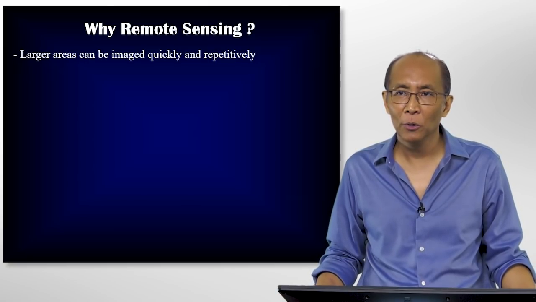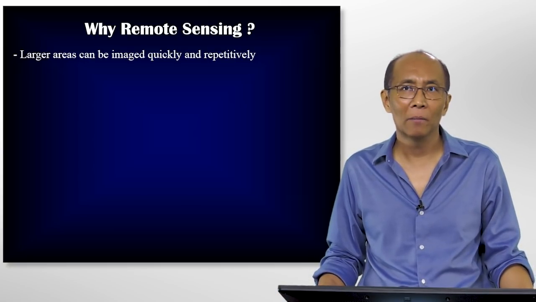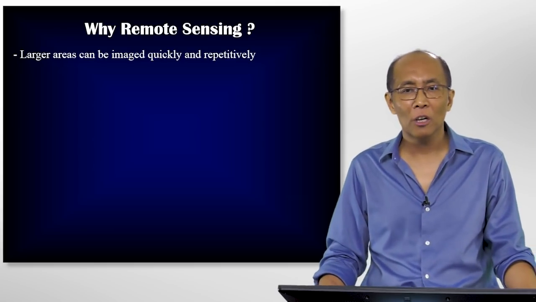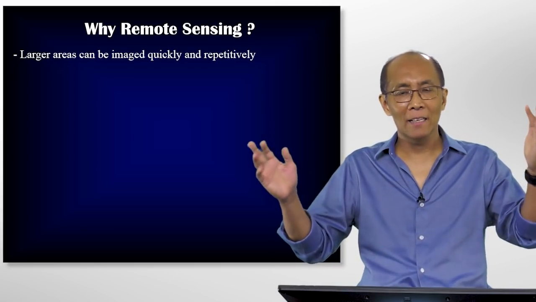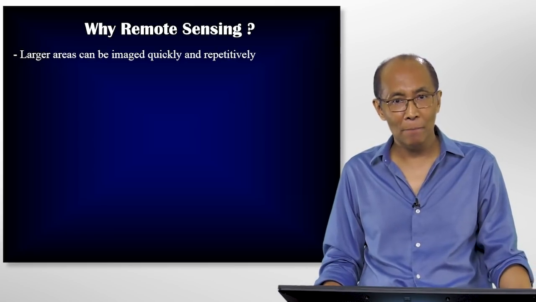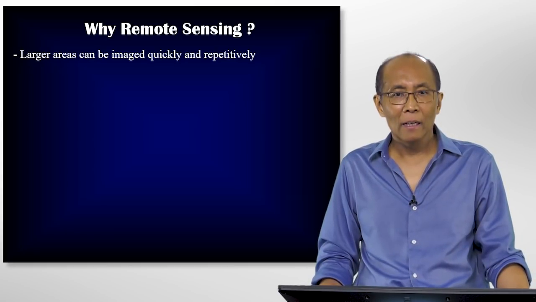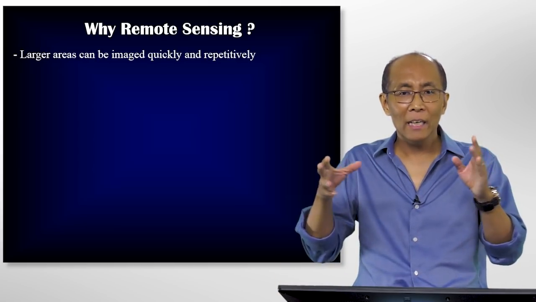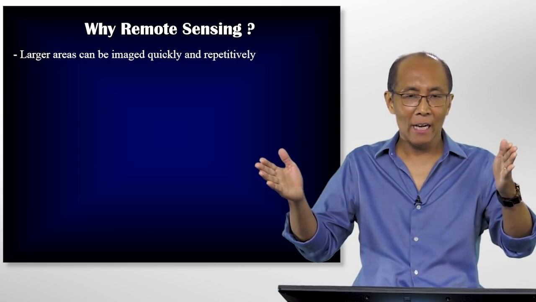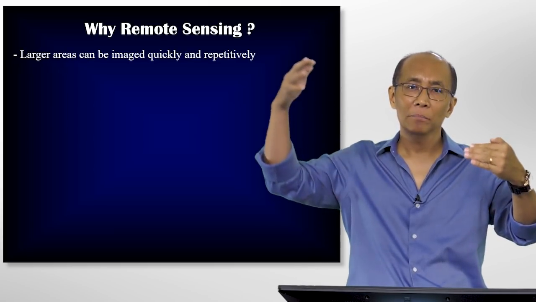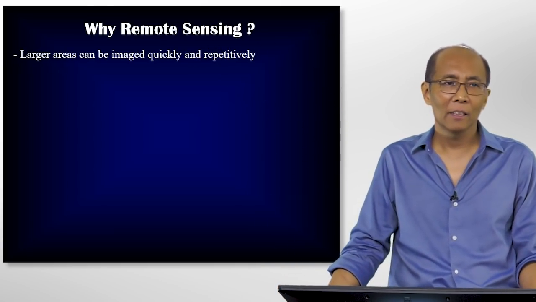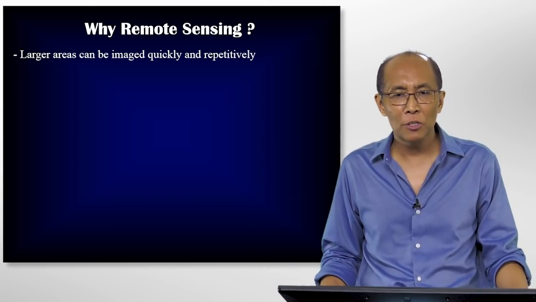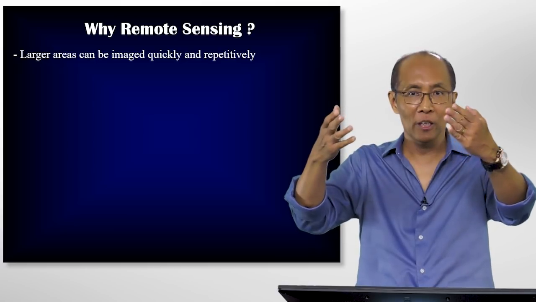if you need to do a particular land use land cover map, a forest type map, or agriculture crop type map for the entire state of Florida, then you can take a picture over the entire Florida with bigger pixel size or coarser resolution satellite data and do whatever you need to do.